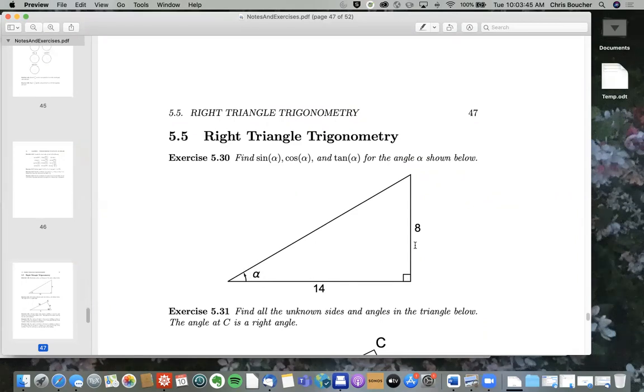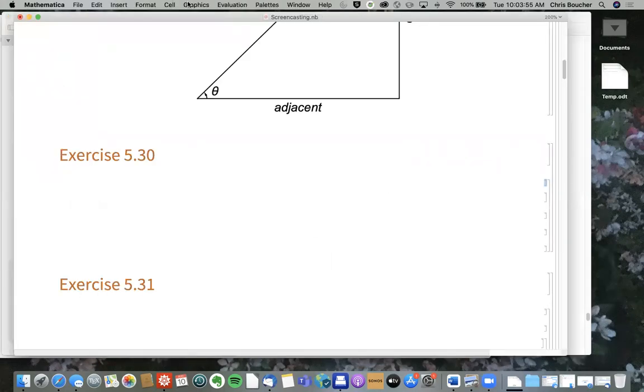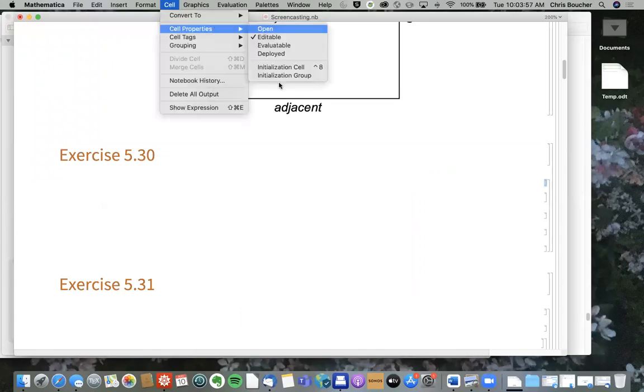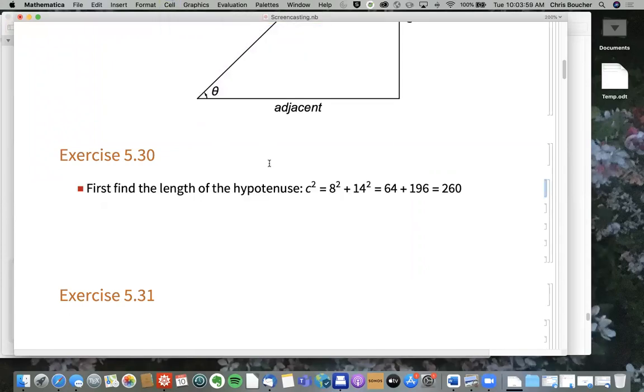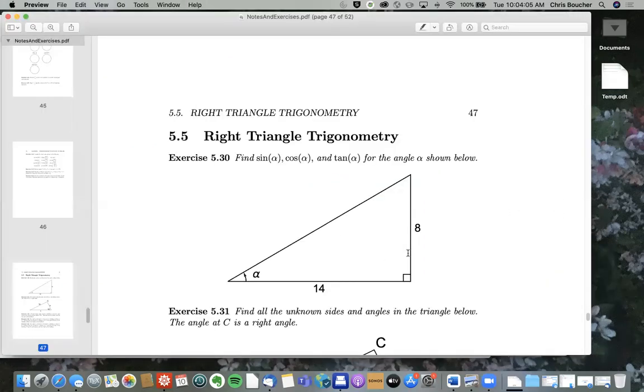Sine is just going to be the opposite, which is 8, divided by the hypotenuse. Now you'll notice that we don't know what the hypotenuse is in this picture, but it's a right triangle and we know two sides, so we can use the Pythagorean theorem to figure out the other side. If I call the hypotenuse C, then C squared is 8 squared plus 14 squared, the other two sides.